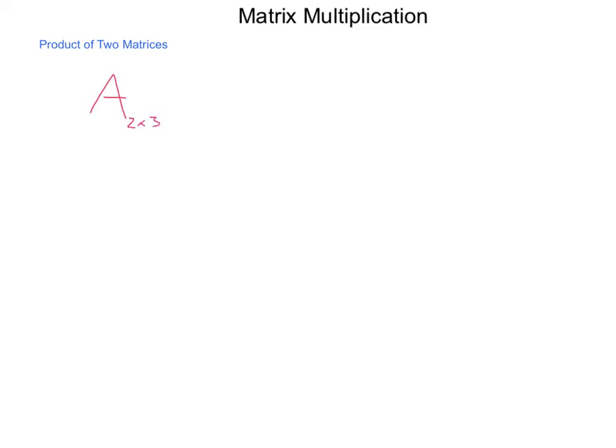In order to multiply this matrix by another, it needs to have the same number of rows as matrix A had columns. So I'm going to multiply this by matrix B, and we're going to make it, say, a 3 by 4. Because the columns in the first matrix match the rows in the second, we can do it.